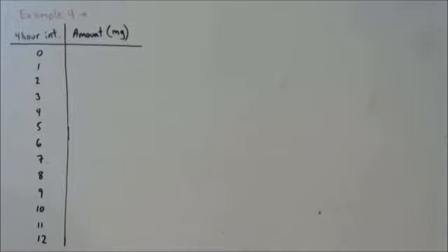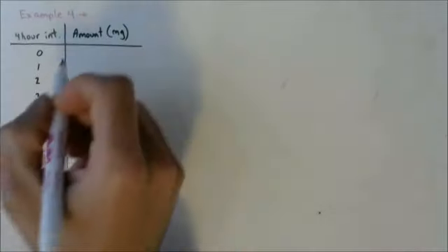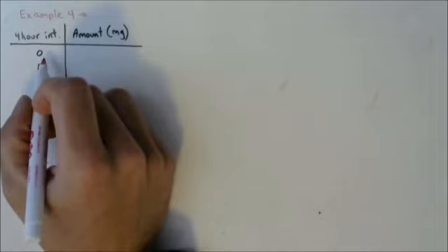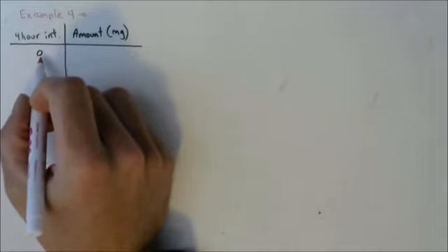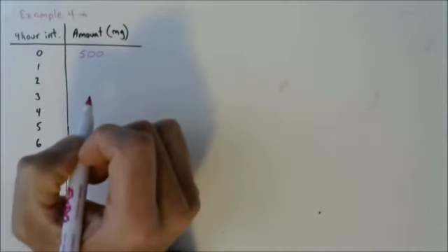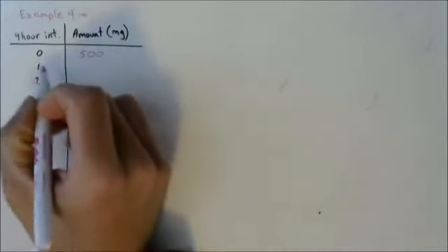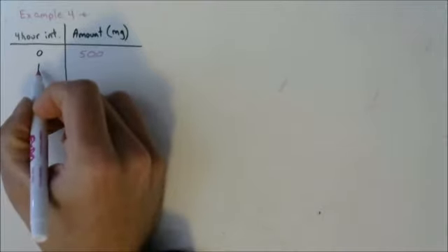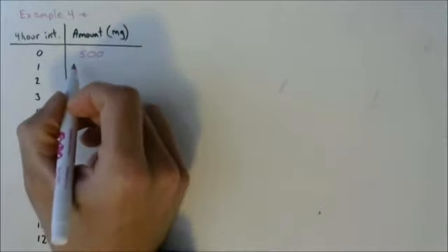So after no 4-hour intervals have passed, she's taken the medicine, so she's got 500 milligrams in her bloodstream. Okay. Then after one 4-hour interval, two things are going to happen.